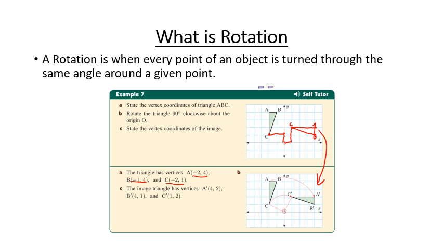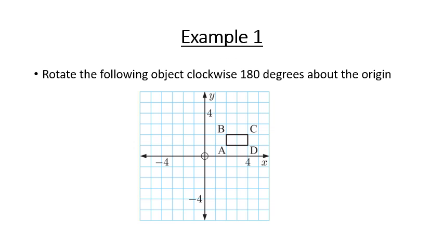Let's have a look at a few examples that might help you to get a better understanding of what rotation is. Example says, rotate the following object clockwise 180 degrees about the origin. Now, in order for me to do that, I'm going to put down the coordinates of A, B, C, and D, and that might actually help me to understand the coordinates of our next image, which is what we're going to have after we've done the rotations.